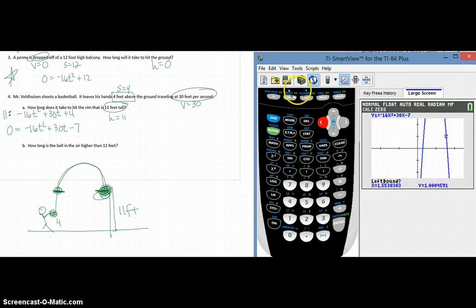So this is the x-intercept I'm trying to find. I want something to the left, so I'm going to press enter. Then I'm going to move my cursor to the right. I'm going to press enter, and then I'm going to guess. I'm going to get as close as I can. Enter, and it says 1.6.